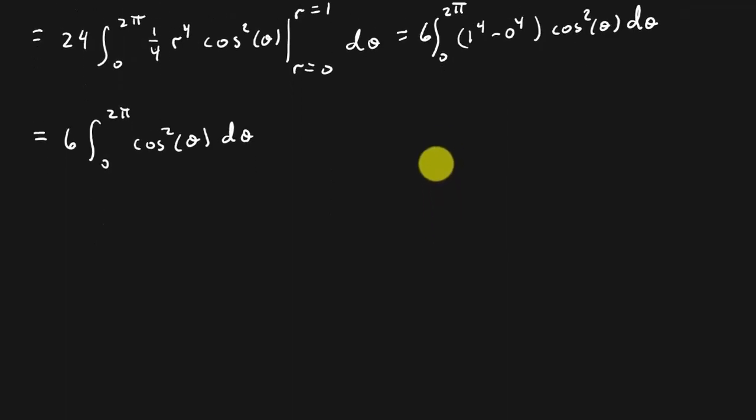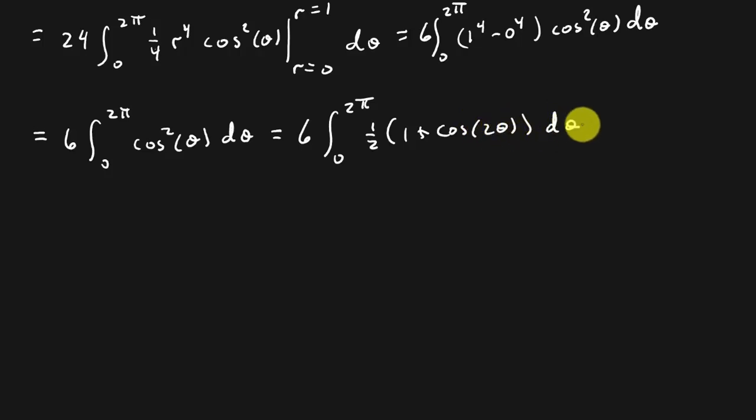All right. Now we have to integrate this thing. So we're going to get 6 times the integral 0 to 2 pi. Now remember, for cosine squared we have to use our half angle identity: 1/2 times 1 plus cosine 2 theta, d theta. So that's just my half angle identity. And so that's going to be 3 times the integral 0 to 2 pi of 1 plus cosine 2 theta d theta.